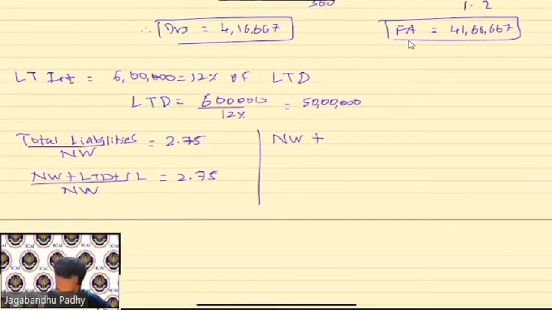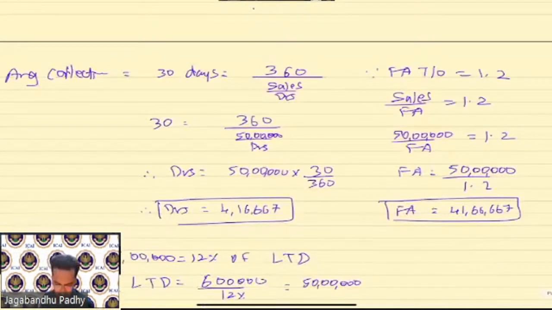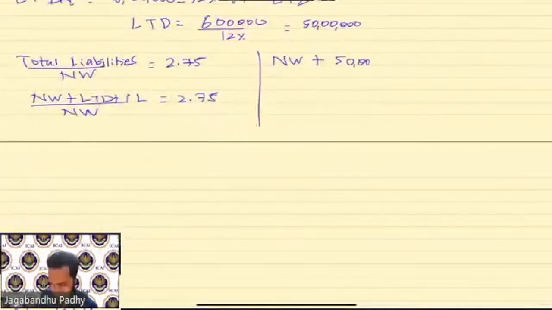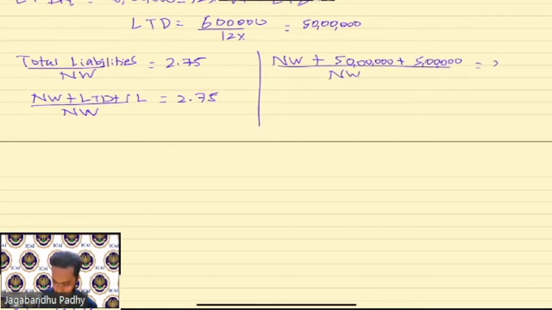That long-term debt we have taken as 50 lakh and current liability is 5 lakh, divided by net worth is 2.75.